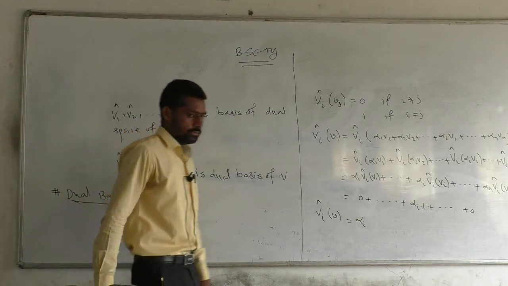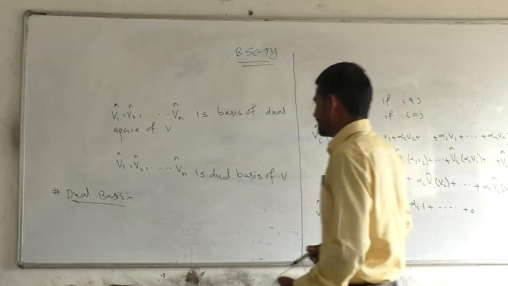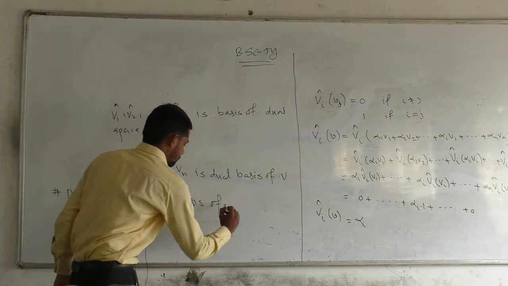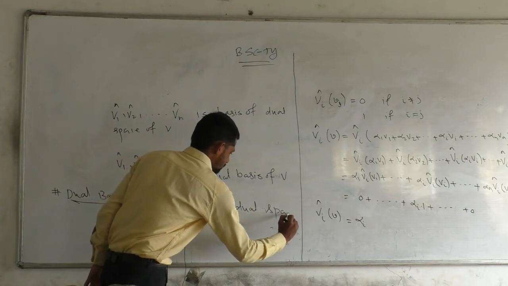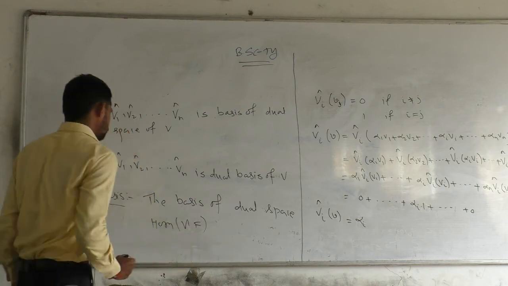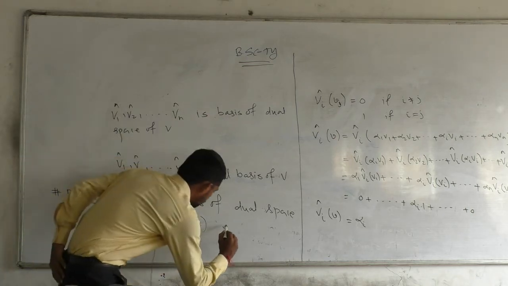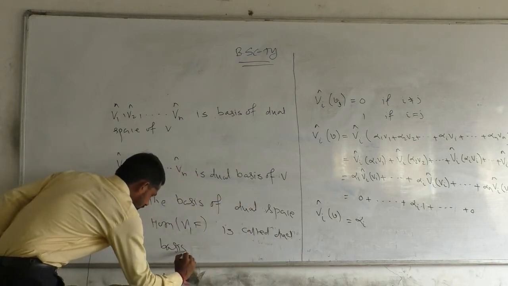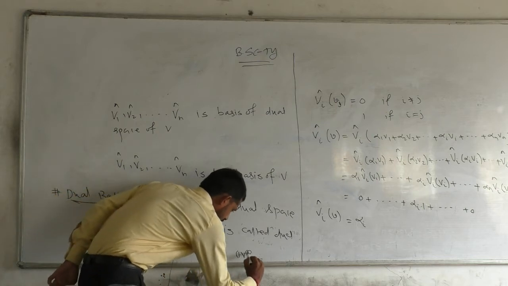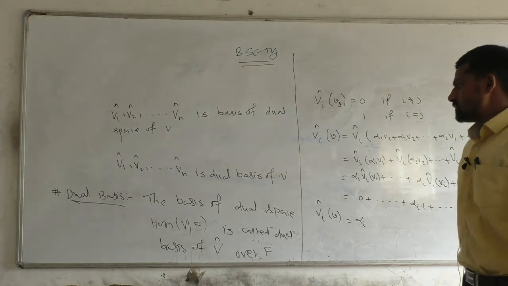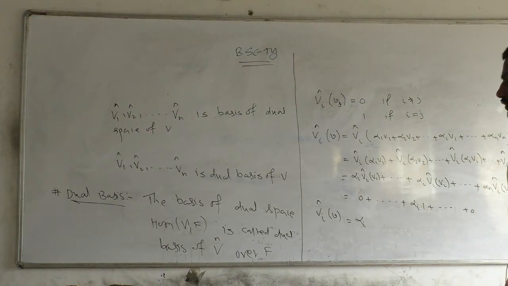The basis of the dual space, that is, the homomorphism of V to F, is called the dual basis of V dual over the field F. See the definition of dual basis: the basis of the dual space of homomorphism of V over F, V to F, is called the dual basis of V over F.